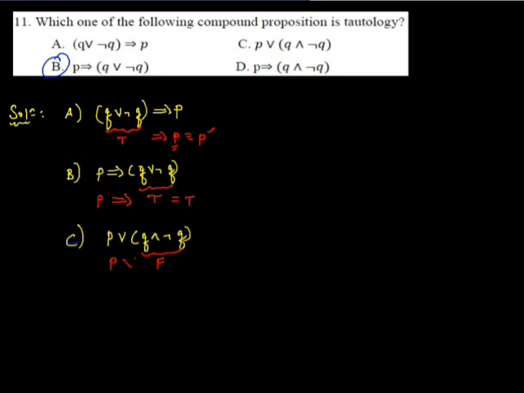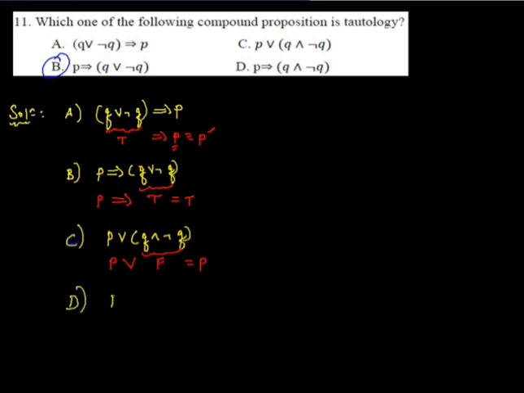We take P or false, which is P. P or false will be false whenever P is false. It will be true whenever P is true. Therefore, it depends on P. So we cannot say that the case in C is a tautology. So C cannot be our choice.